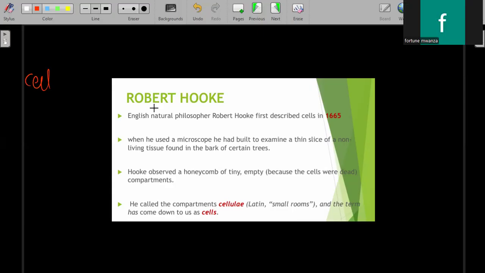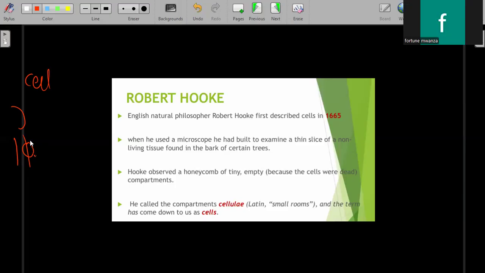The first one was Robert Hooke. The first thing he did was develop a microscope. Using that microscope, he cut a bud of a plant, viewed it, and discovered some tiny particles, which were dead particles.